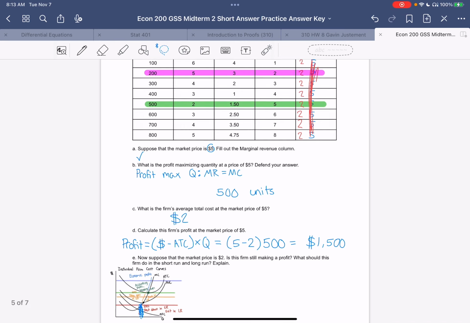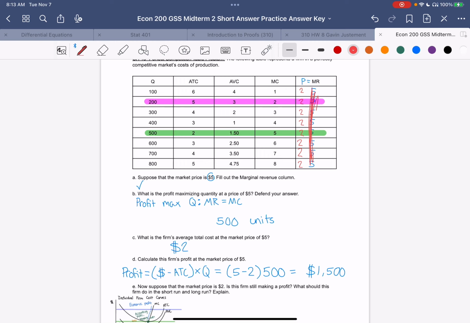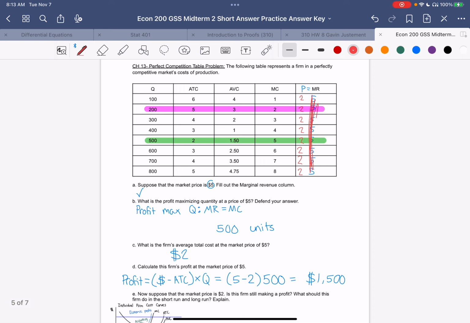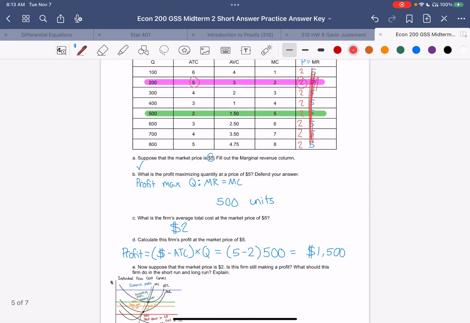So now what we have to do to figure out if this firm is making a profit, first of all, is profit is any time that the price is greater than the ATC. So profit would be any price greater than the ATC. So let's look at what our price is and compare it to the ATC. So our price is $2 and our ATC is $5.